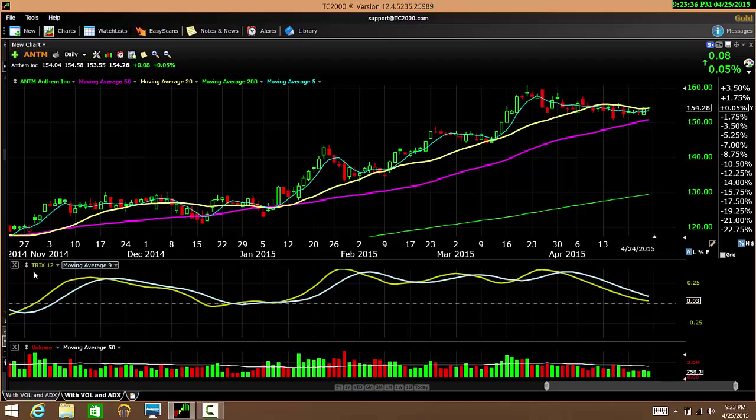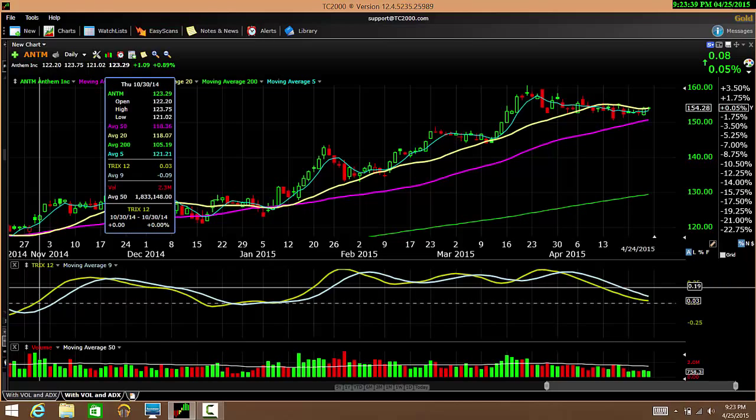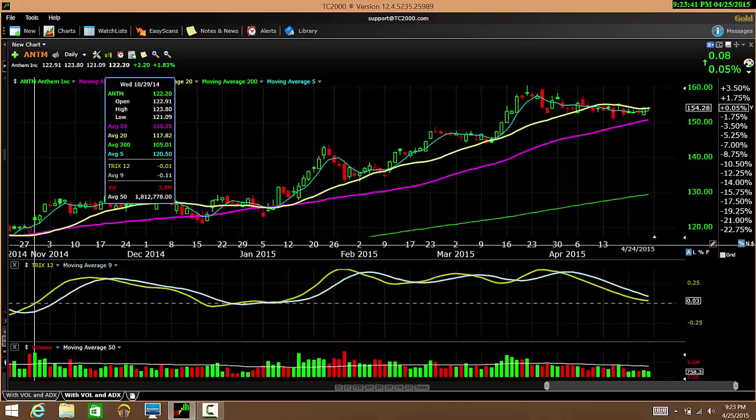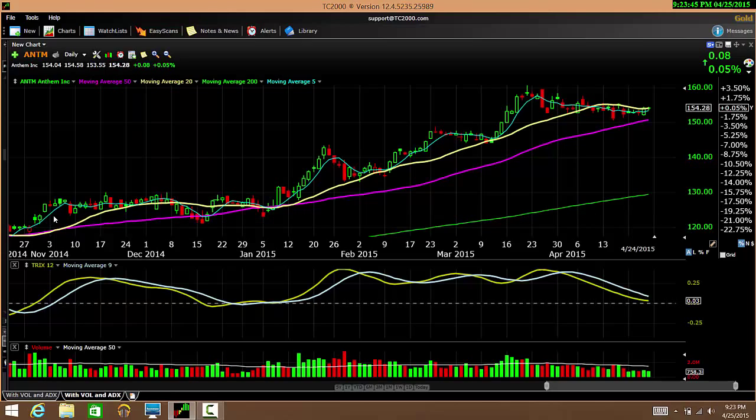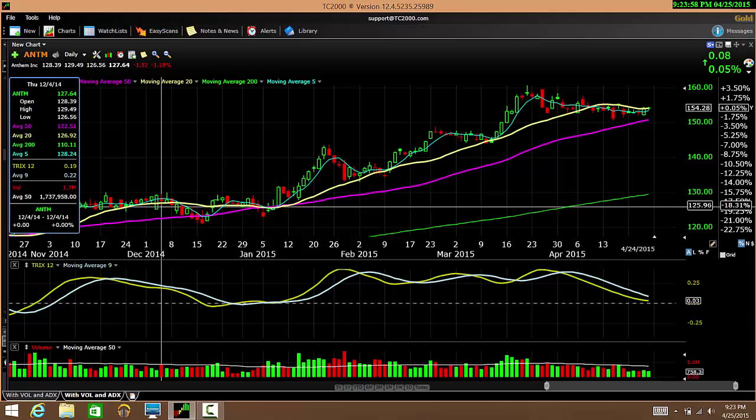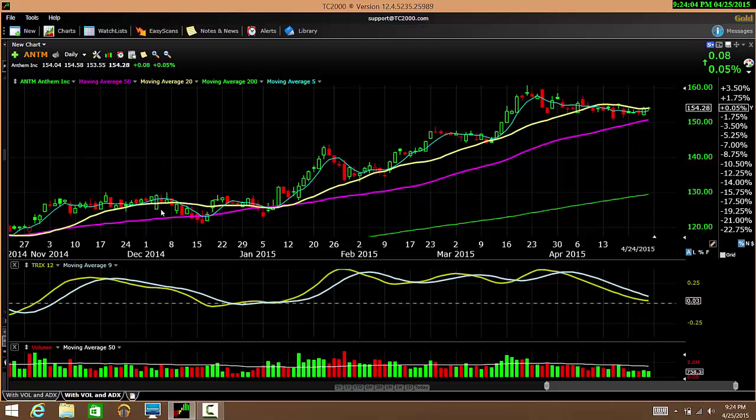In this case, for instance, if you take the trade here at this buy signal at around 121, and I like to sell when the stock closes below the 20-day moving average, which is this yellow line here. So if you take that trade at, I think it was 123, and sell here, for instance, at 124, you're not going to make too much money.